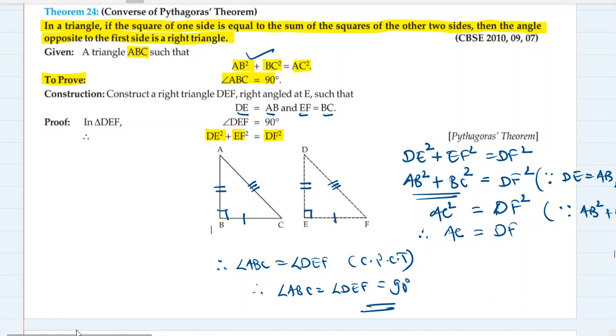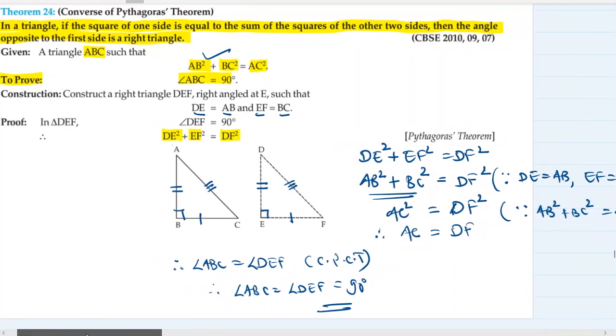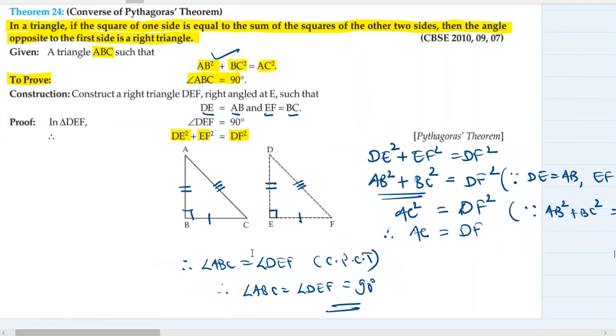The whole proof is dependent on the construction. If you don't do the construction, then it will be difficult. After doing the construction, you just need to apply Pythagoras theorem in that constructed right angle triangle, and then replace DE by AB and EF by BC.